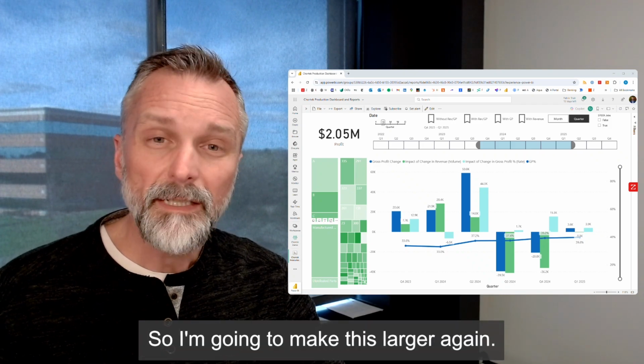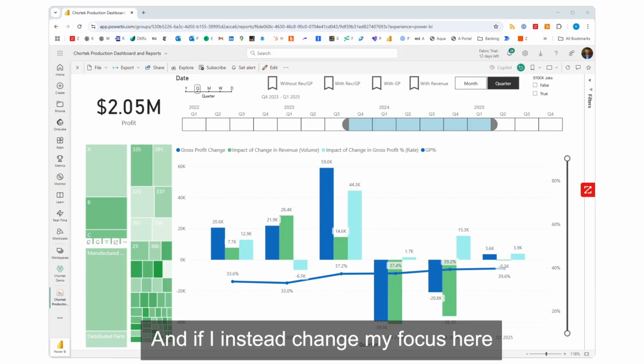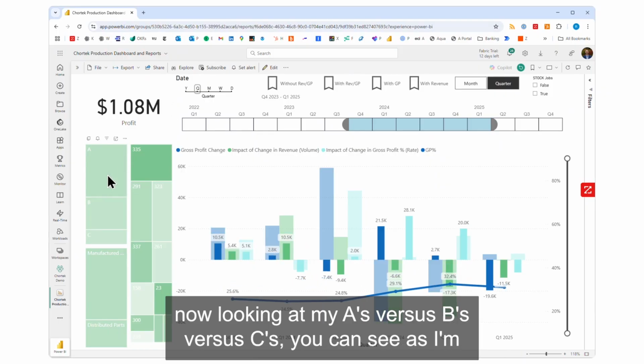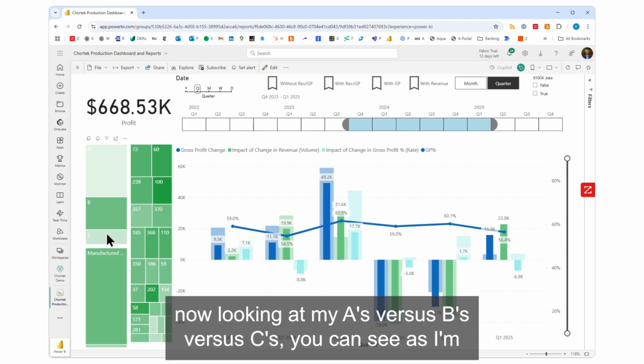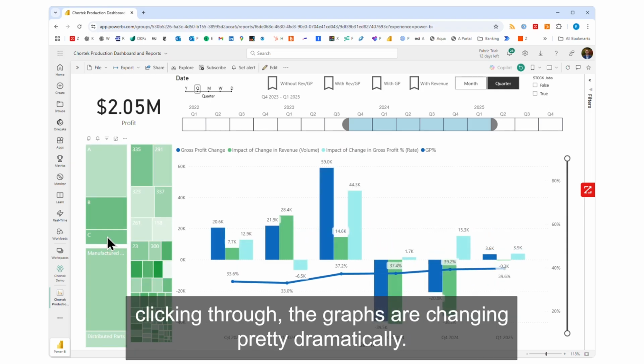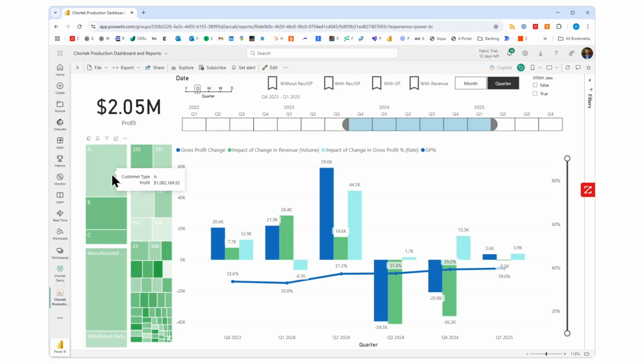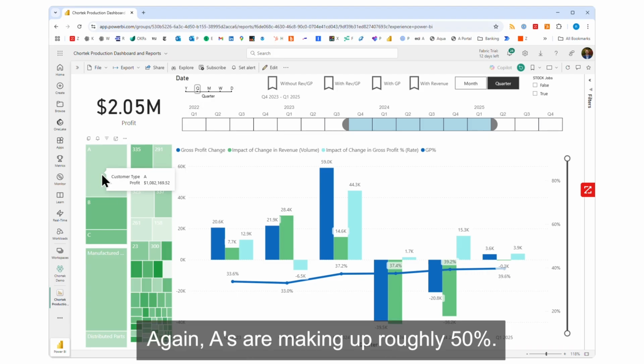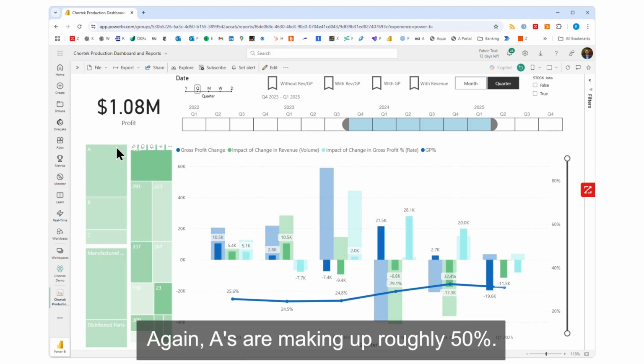So I'm going to make this larger again, and if I instead change my focus here, now looking at my A's versus B's versus C's, you can see as I'm clicking through, the graphs are changing pretty dramatically. Okay. Again, A's are making up roughly 50%.